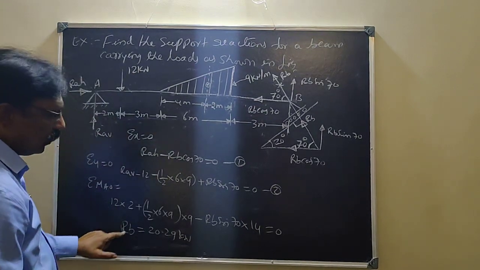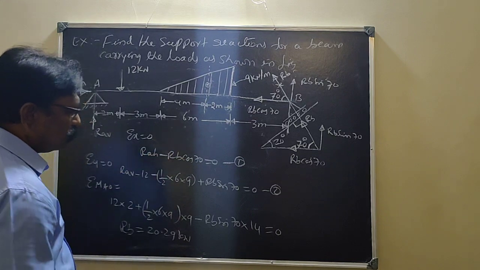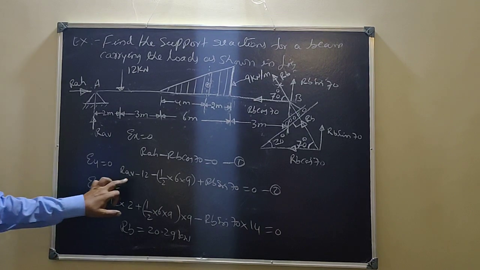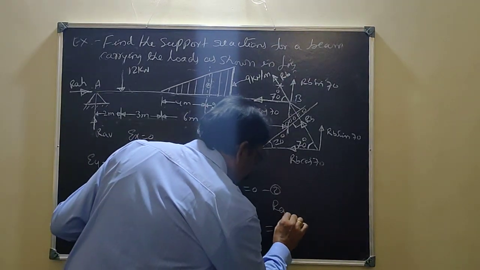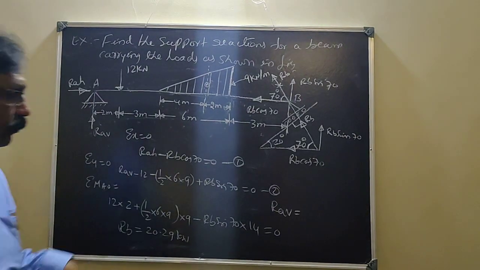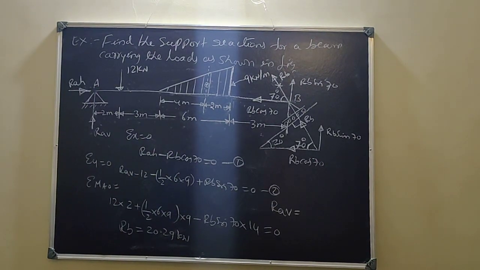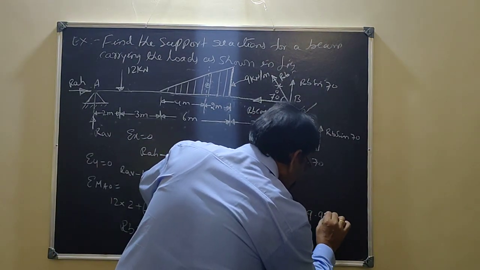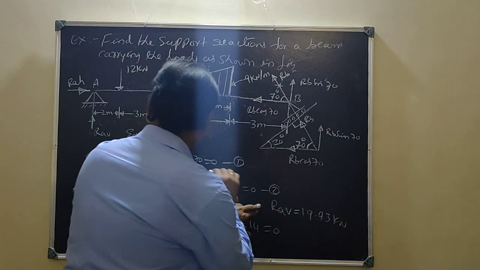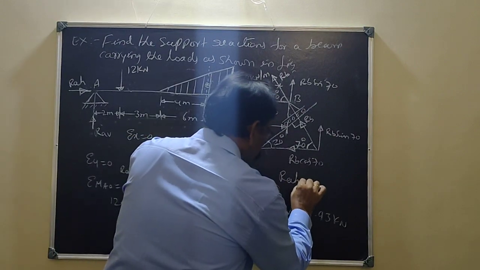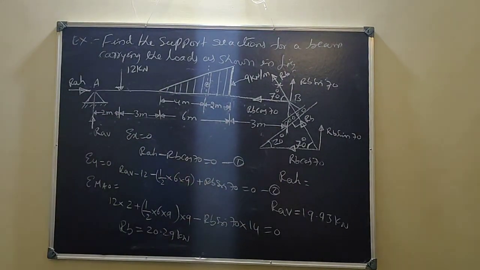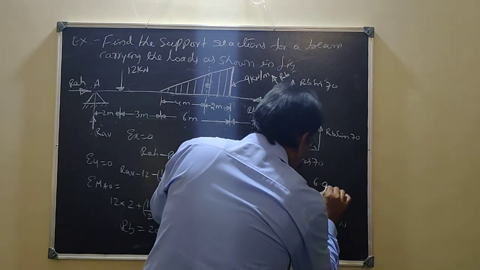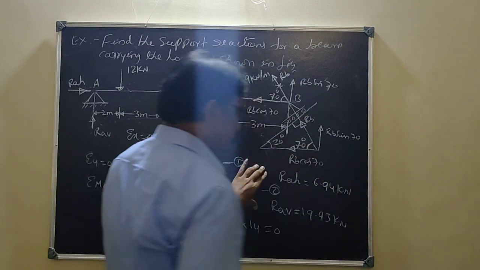Then substitute back this RB in the above equations, and when you simplify you get RAV is equal to 19.93 kilonewton, and then RAH is equal to 6.94 kilonewton.